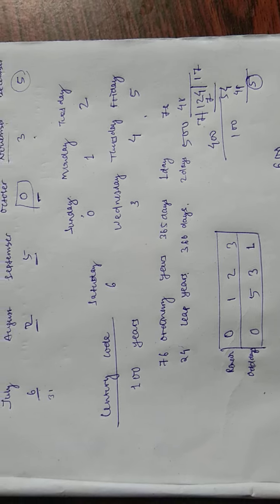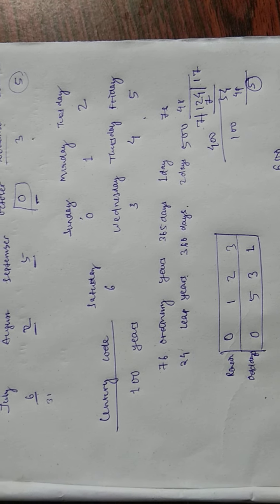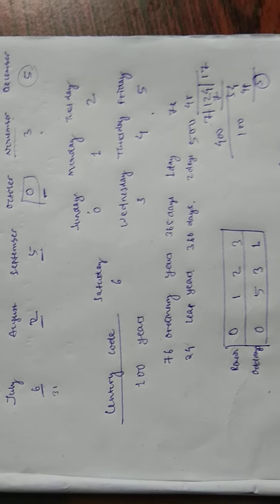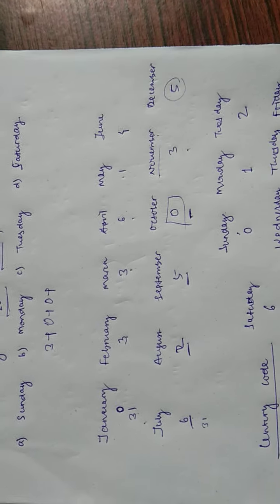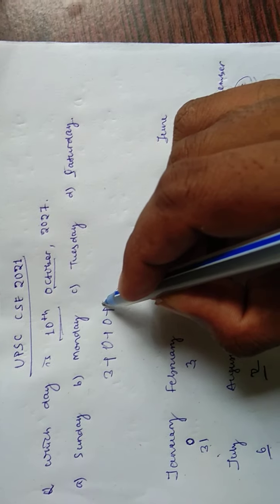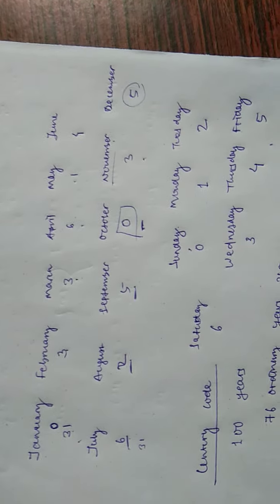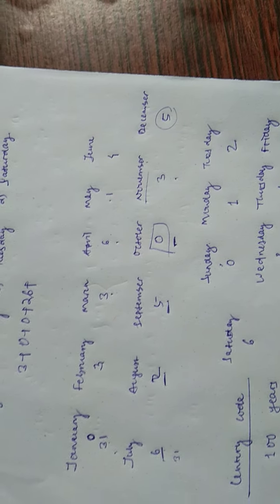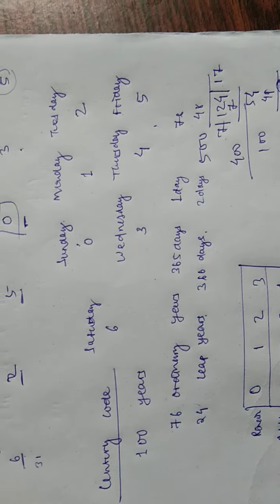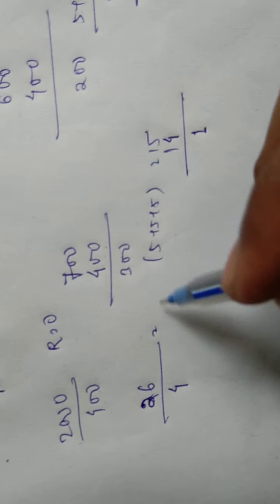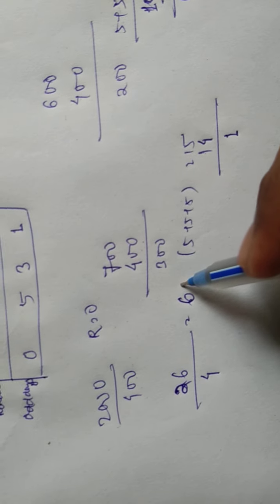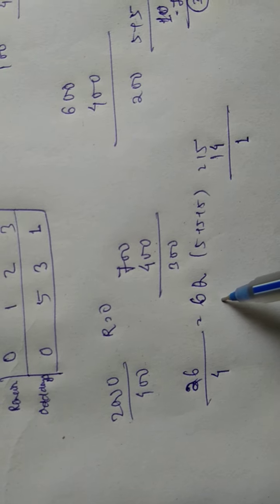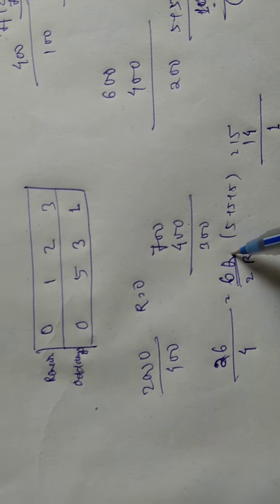We'll divide it by 4. Till 26, we'll add 26 odd days, because for every year we have an odd day and 1 extra for leap years. We'll calculate how many leap years are there in 26 years. Here we get 6 as quotient, and 2 as remainder, meaning 6 leap years are there.